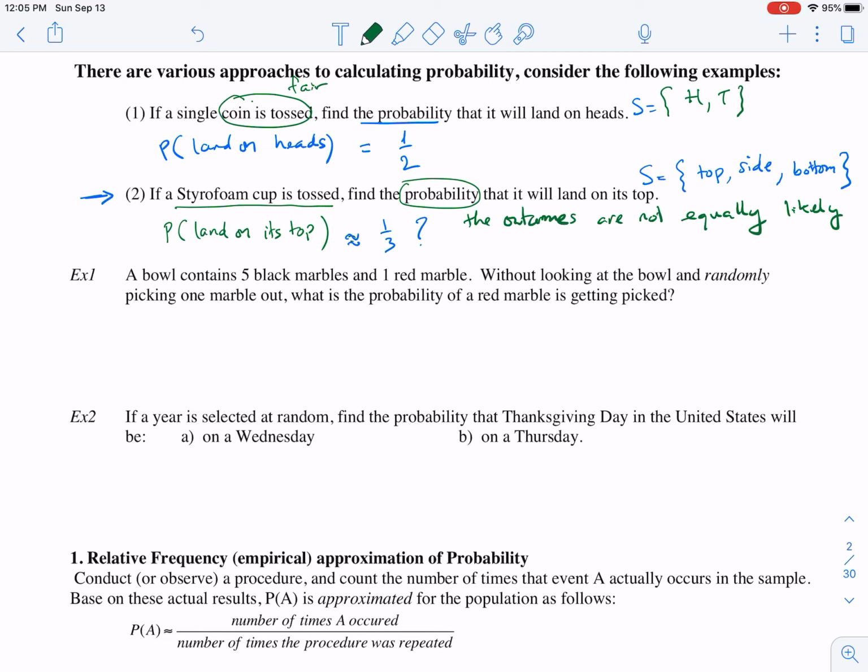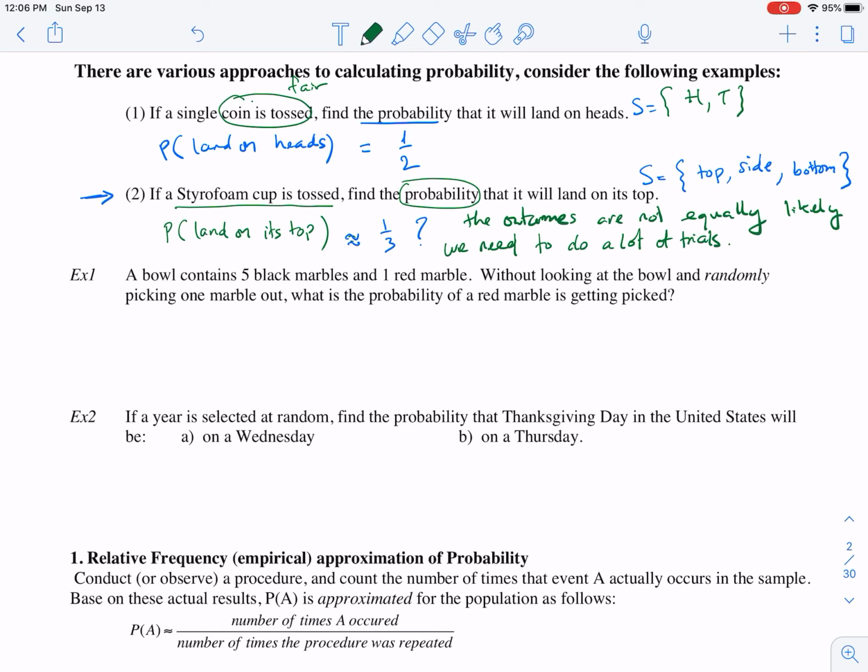In order to get this answer, we need to conduct experiments, or we need to do a lot of trials. Meaning, if we were to flip the cup 100 times and record how many times the cup lands on its top, then we can say the probability of the cup landing on its top will be approximately this many times out of 100.